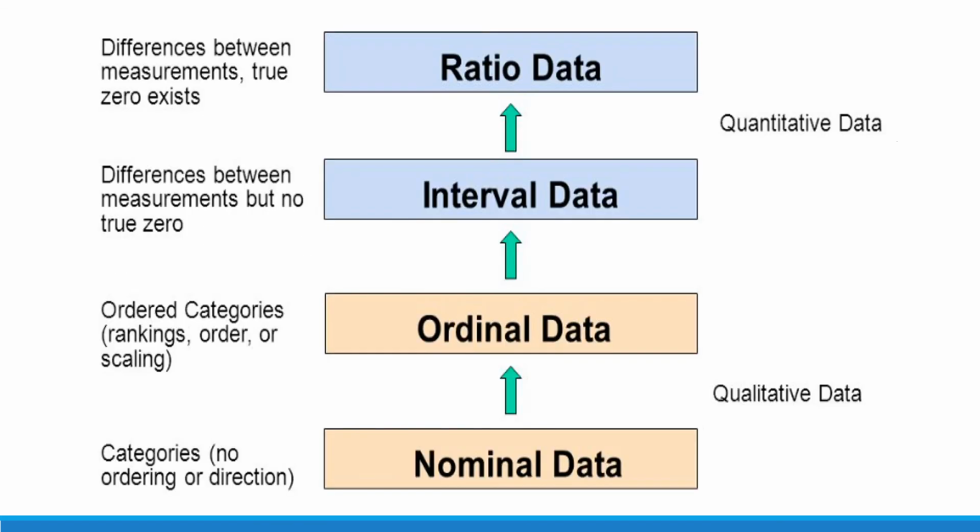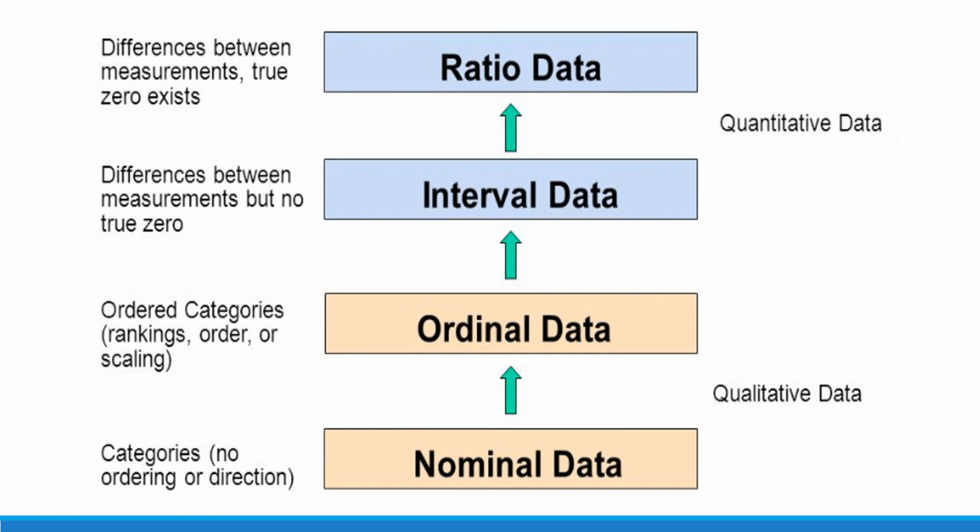So if we are comparing the different types of measurement, we start with the weakest one, the nominal data, that handles any categorical or classification values, and of course it has categories, no ordering or no direction. We cannot say that one of the categories is better than the other.